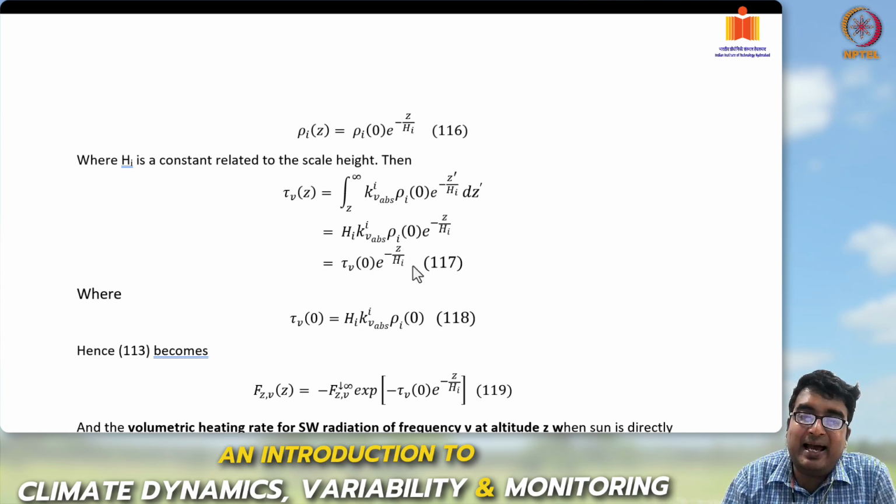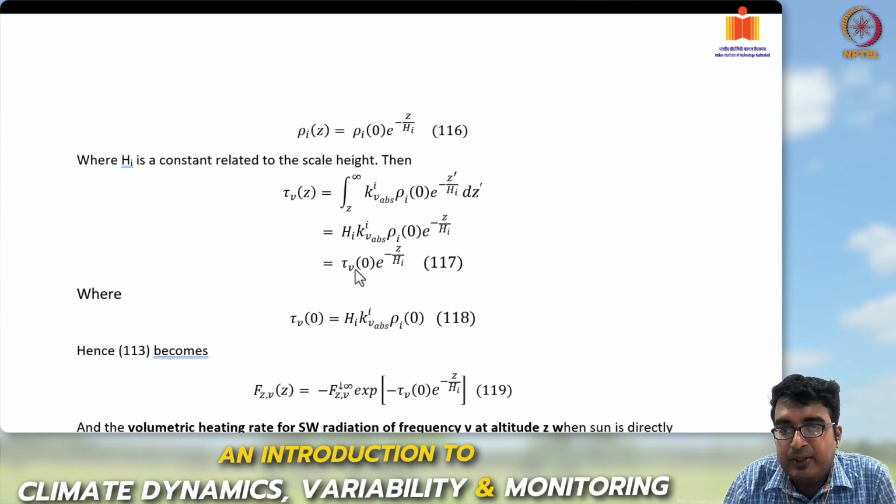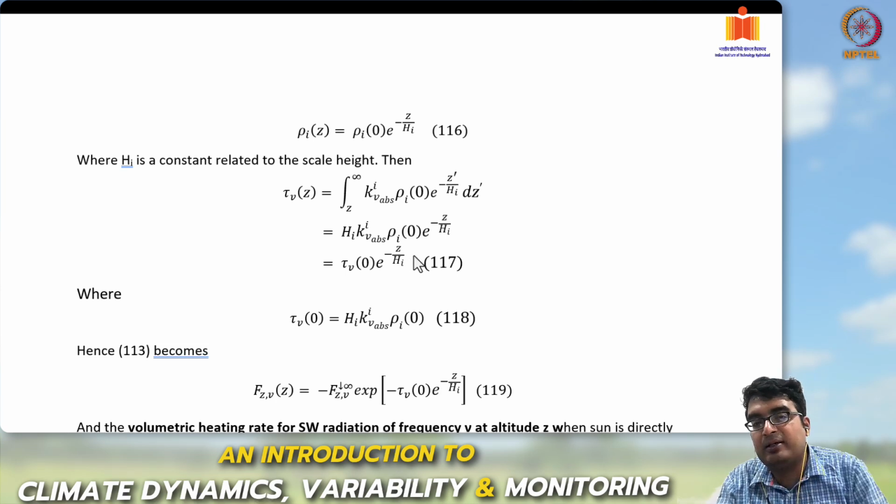So the optical depth at the ground level is this value h_i k rho_i0. So optical depth at a given altitude z is the optical depth at the ground level times exponential of minus z by h_i. This is the exponentially decaying expression for optical depth.